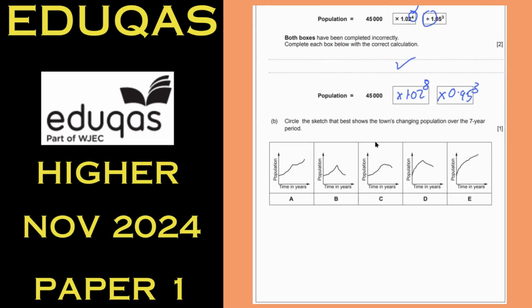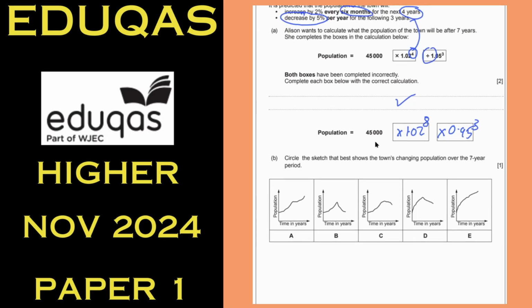Part B, circle the sketch which represents this. Now, I don't think this is very easy, so let's do it by a process of elimination. Firstly, you can eliminate A because it's basically always on the up. There's got to be a point where it decreases. Same for E, we can eliminate that one.